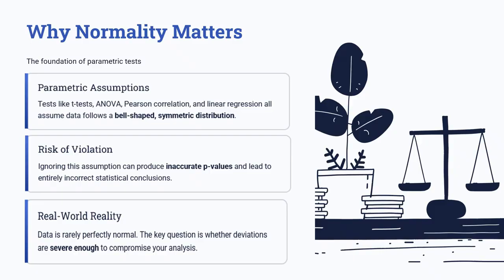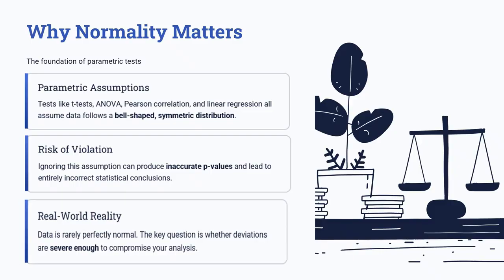This assumption is the foundation of these methods. But here's the risk. If your data significantly violates normality, the p-values you calculate may be inaccurate, and that can lead to completely wrong conclusions. Imagine making a decision based on results that look statistically sound but are actually misleading.